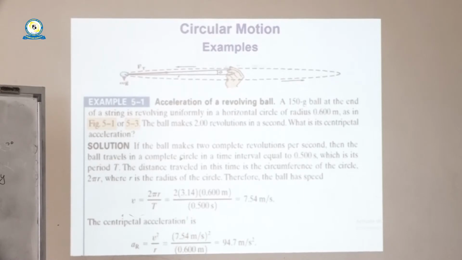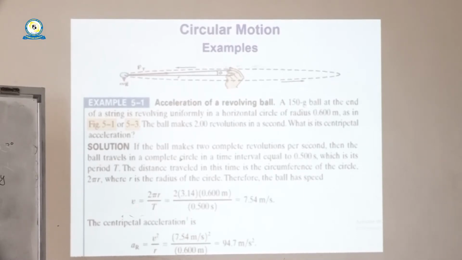Therefore, the ball has speed. We can see speed is equal to circumference over period. The centripetal acceleration is v squared over r.